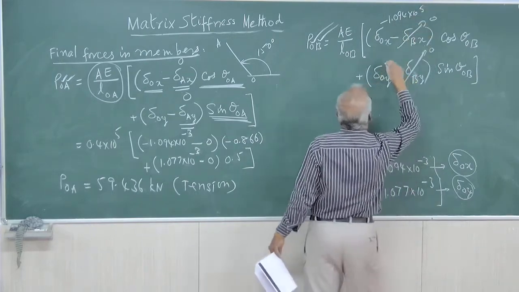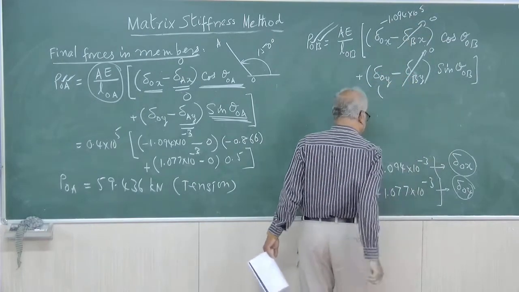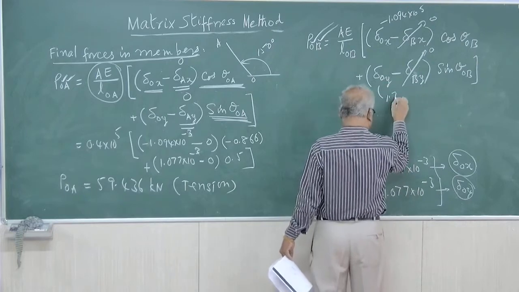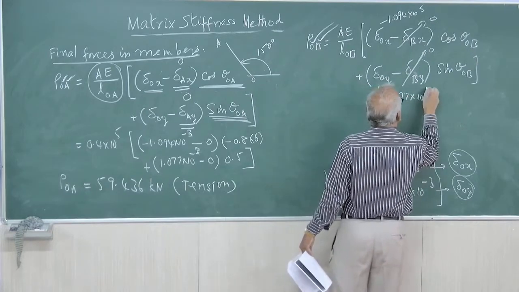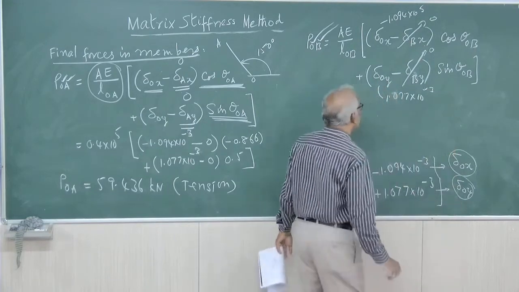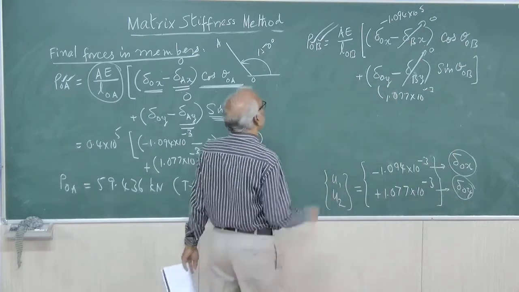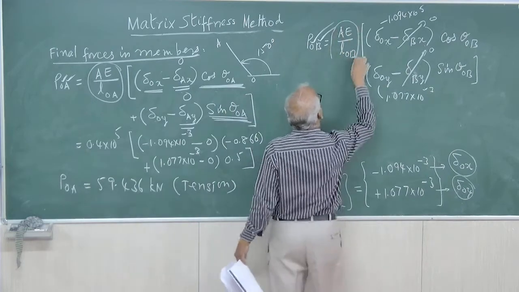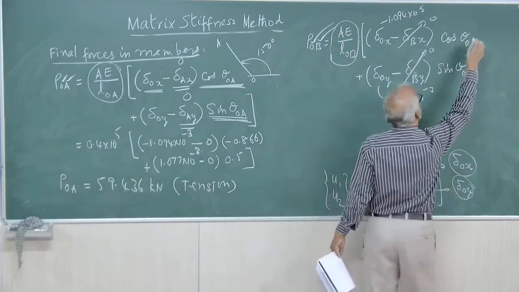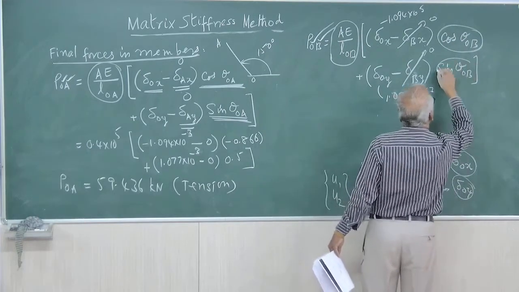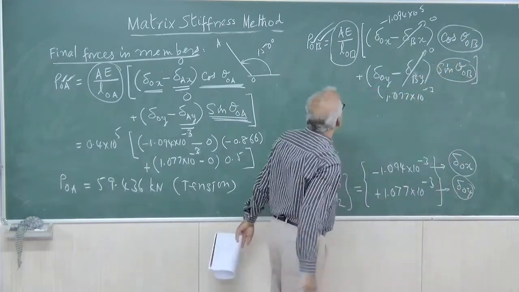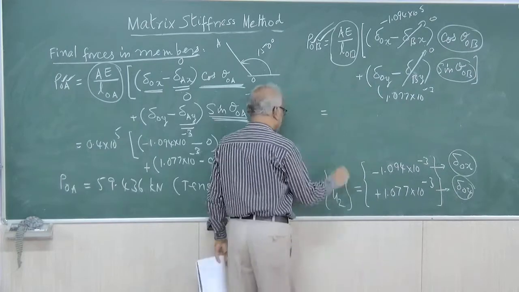For all the cases, O is common. And 1.077 into 10 power minus 3. These values are readily available. AE by L OB is in the tabulation. The value of cos theta OB is in the tabulation. The value of sin theta OB is in the tabulation. It is only a question of substitution.